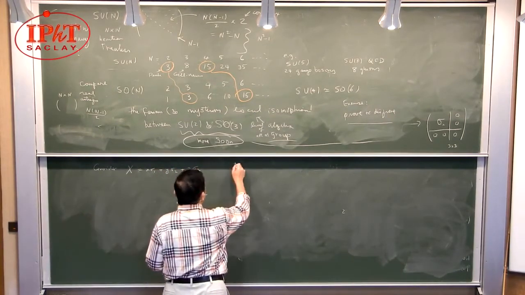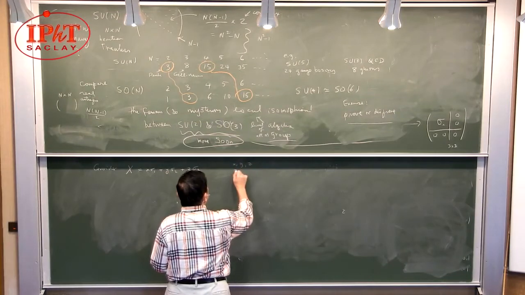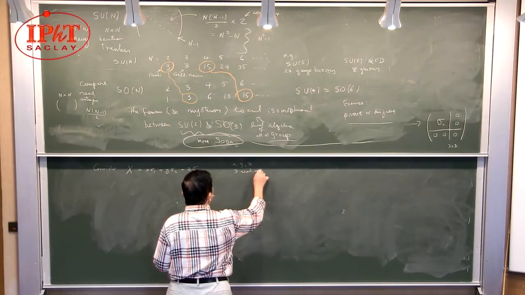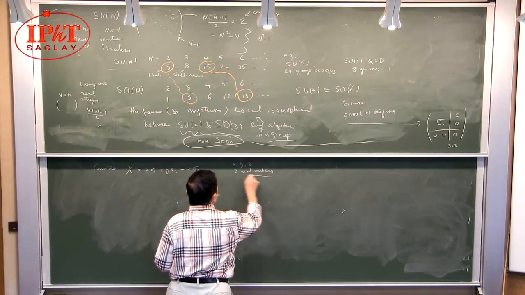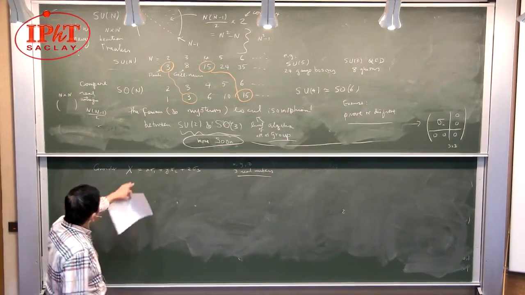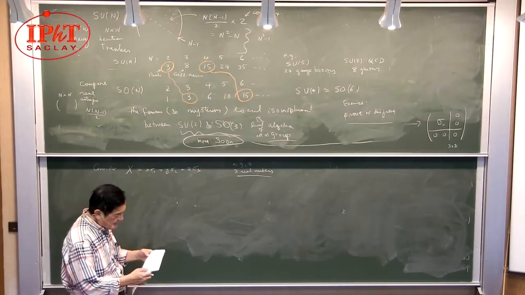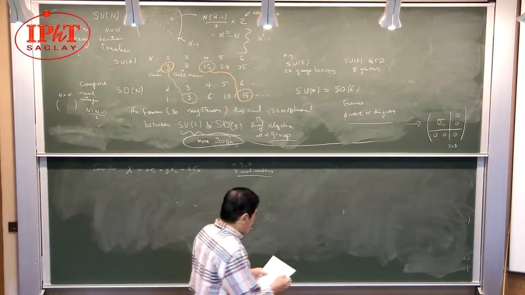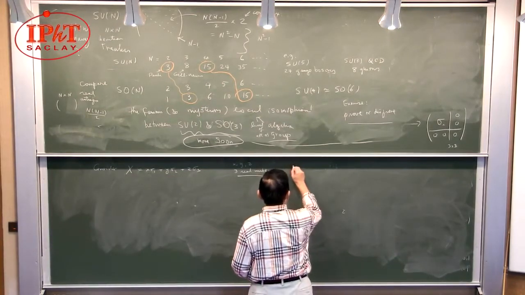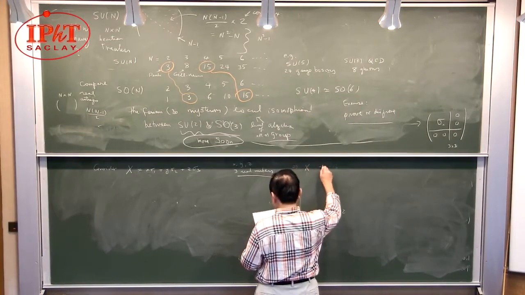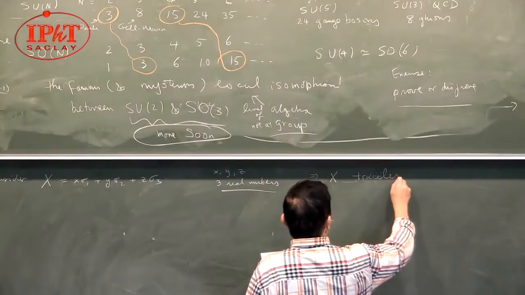So X, Y, Z are 3 real numbers. Now, if sigma 1, sigma 2, and sigma 3, the 3 Pauli matrices, are traceless Hermitian, this implies that X is also traceless Hermitian.